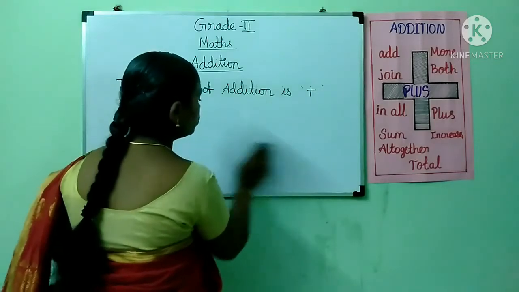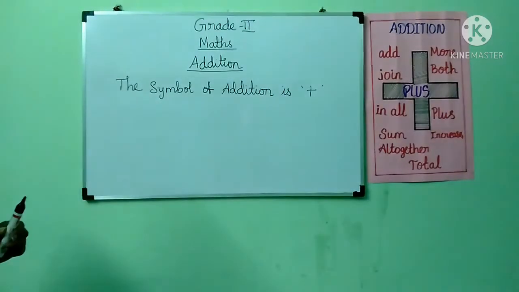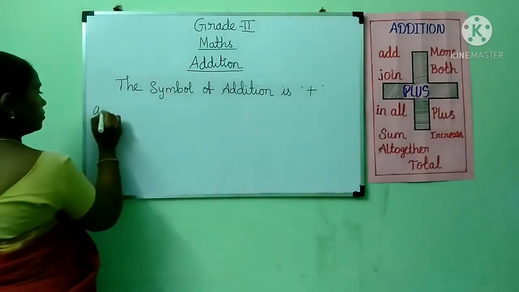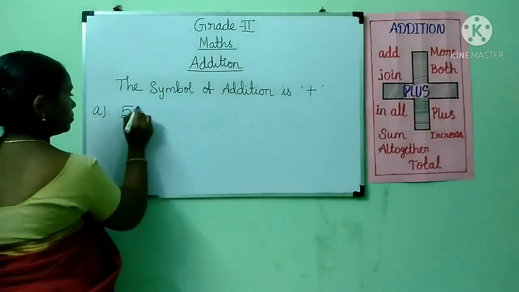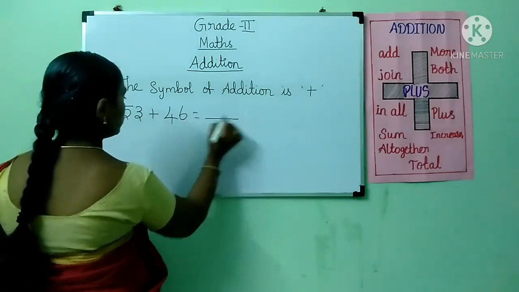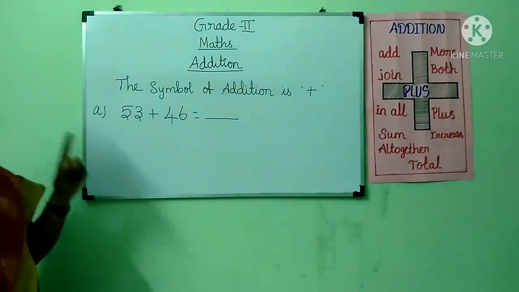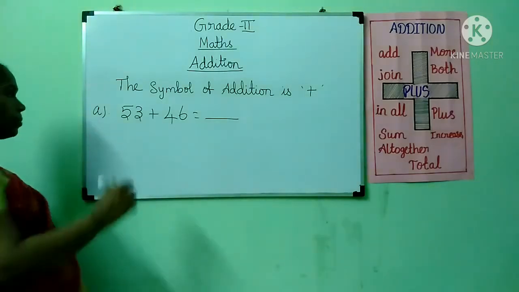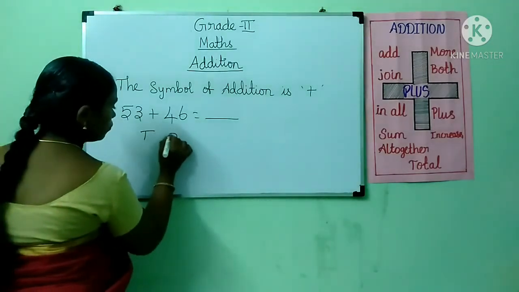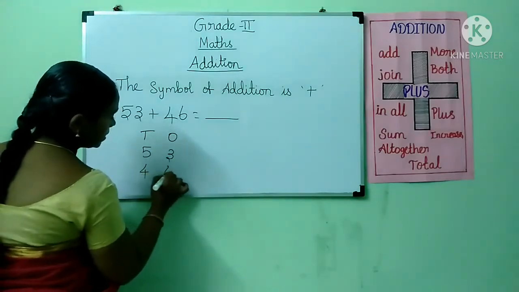The next one, we have seen 2 digit addition. See, 53 plus 46. First you should arrange this number tens and ones. 5, 3, 4 and 6.